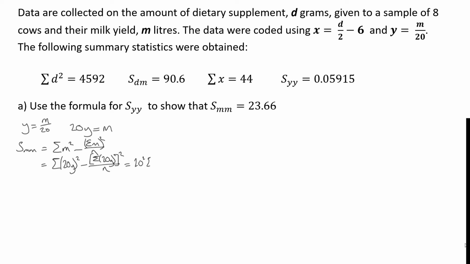Firstly, the sum of 20y squared, 20 is a constant, so I can take that out as 20 squared, and that's just going to multiply the sum of y squared. Similarly, in my square bracket, in the numerator here, I can take the 20 out as a constant, so I've got 20 times the sum of y, and all of that is going to be squared, and that's over n. Okay, let's tidy that up a little bit more.